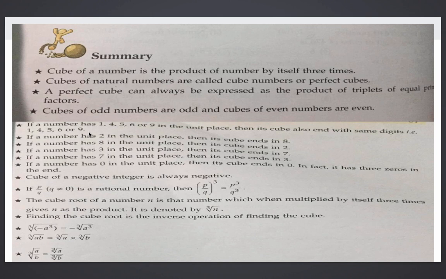Clear? These are important points because a few questions in the exercise will come based on this. So these properties you need to learn, students, as soon as possible. If a number has 2 in its unit place, then its cube ends with 8. For a number which has 2 at its unit place, 62, 42, 32, whatever is the perfect cube of that number, it will have its unit place as 8 because 2 cube is 8.